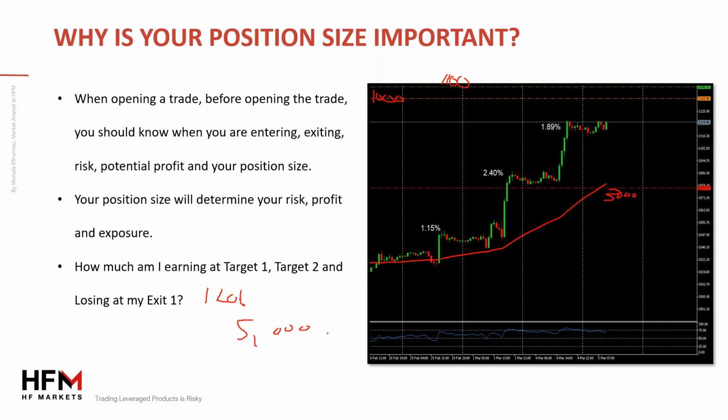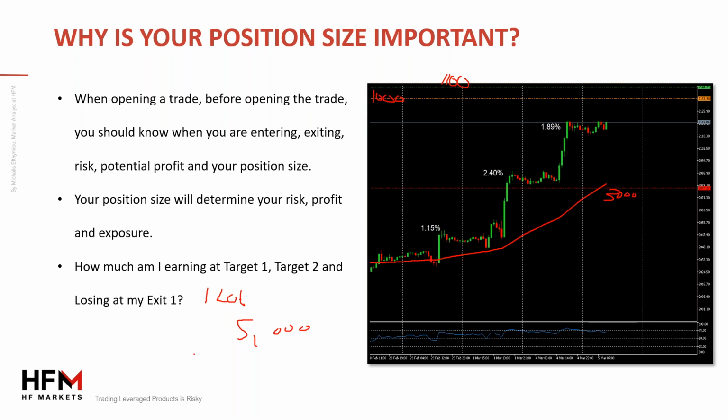I'm very exposed. It's a very large trade. If the market moves against me, I'm losing more than 50% of my account, which is crazy. Just as an example, based on one lot, this position size is not responsible trading.